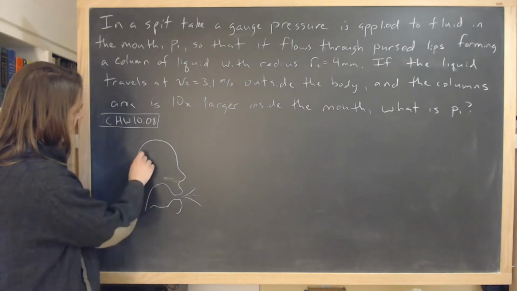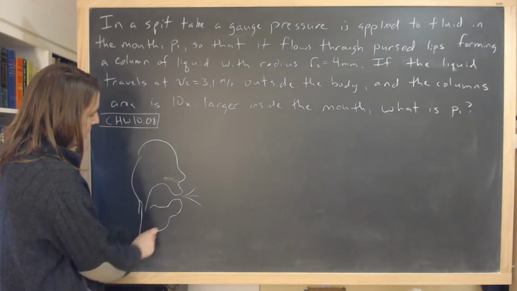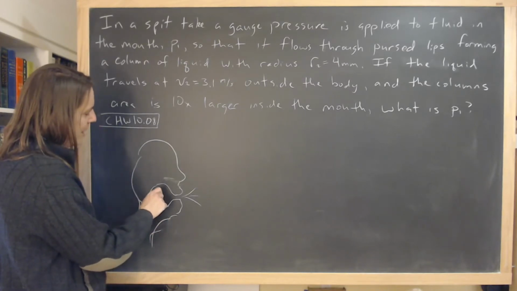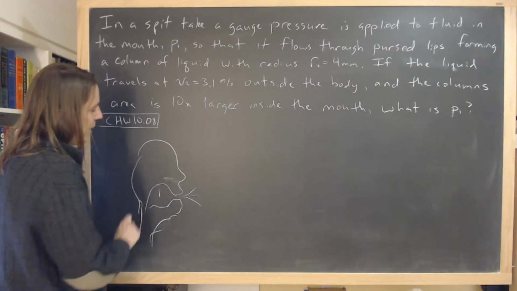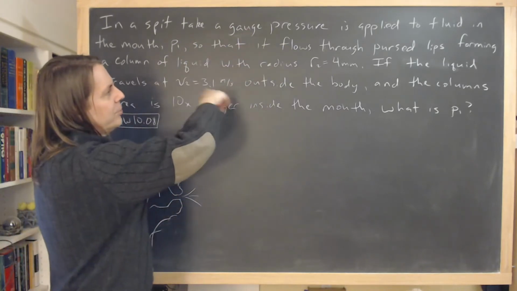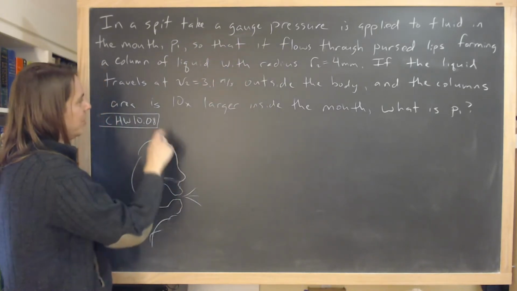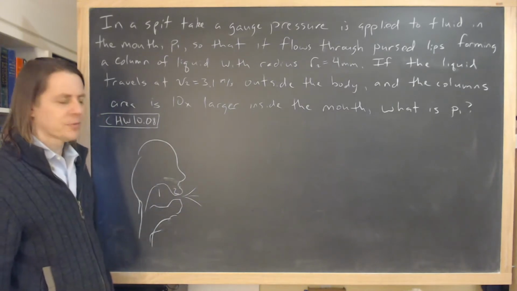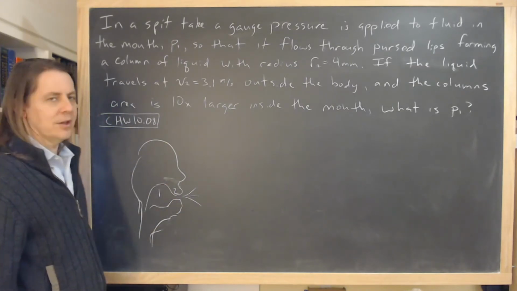In the mouth, we'll call that 1. The subscripts are letting you know where everything is. 1 is the mouth, and 2 are the lips. The mouth is a little far back in the head here.